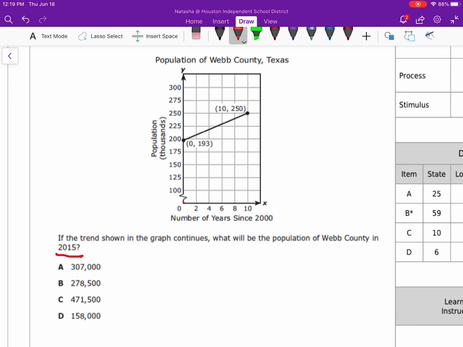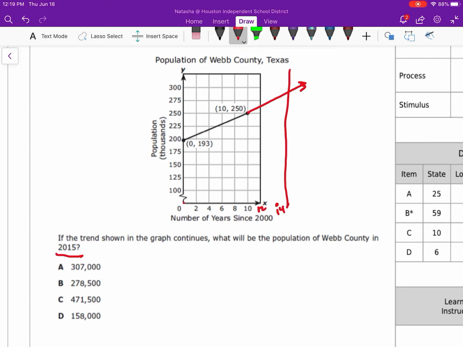So this is 2001, 2002, up to 2010. These are going up by units of... 8, 9, 10, 11, 12, 13, 14, so 15 is going to be right about here. We're going to keep going up in that direction in the trend.